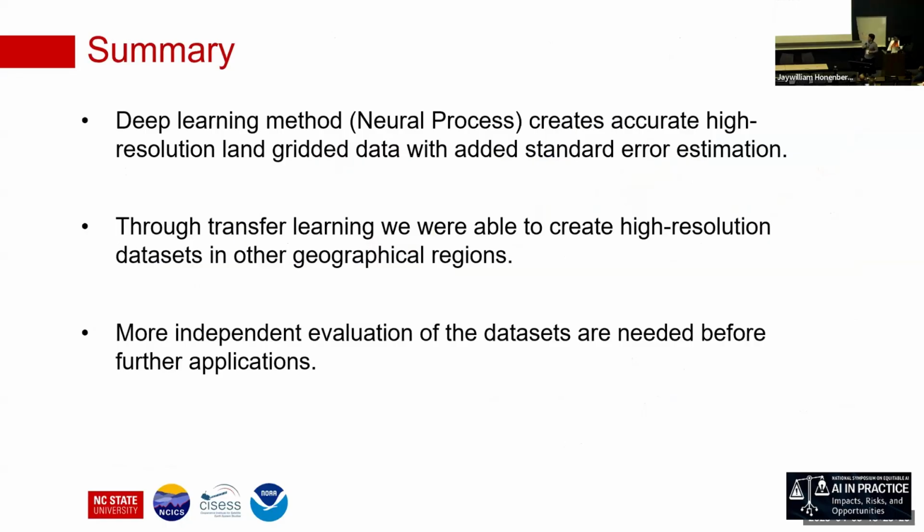And through transfer learning methods, we can use the model we trained over North America for other parts of the world to create data sets that currently don't exist. And lastly, we are going through more independent evaluation of the data set to further understand the uncertainty and how it can be useful and relevant for this conversation. Thank you.